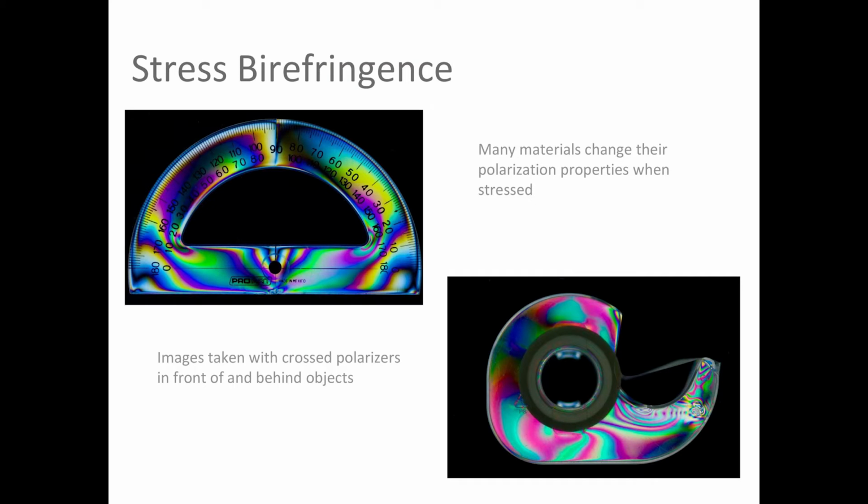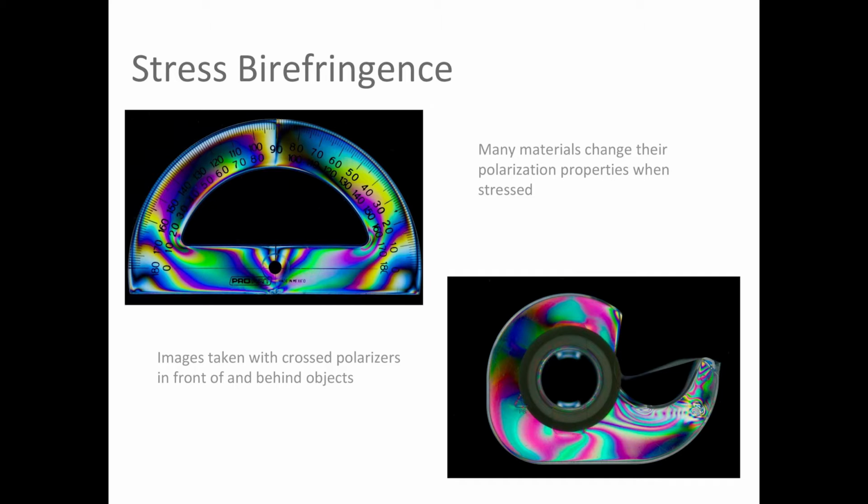And here we see some images similar to what we had in the demonstration. It's the same protractor here, pointing out that the stress points, so the corners, produce a little more light than other areas, and that's because we saw stressing a material can cause it to have birefringent properties, and therefore we get these colors coming out of it.